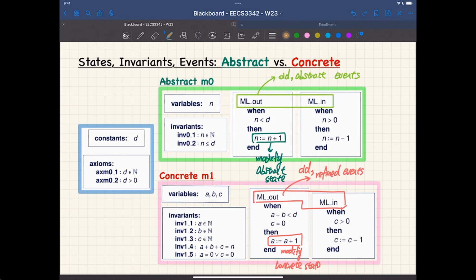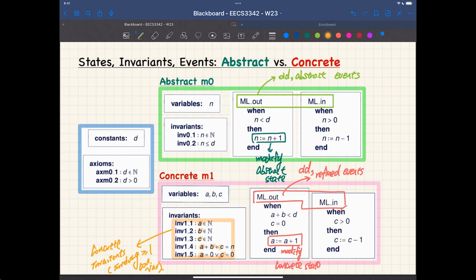And what about the invariants? Let me put it this way. All the invariants over here, every one of them, is called a concrete invariant because they involve at least one concrete variable. A here, B here, C here, A, B, C, A, and C, right? They're called concrete invariants, involving at least one concrete variable.